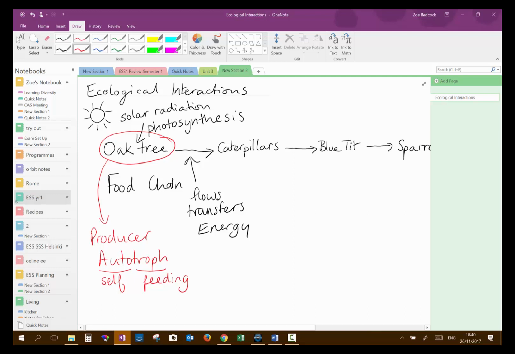Now what do we know about photosynthesis? I have a greener colour now. We know that photosynthesis requires carbon dioxide plus water, and then that solar radiation helps convert those molecules into glucose, and I'm going to use the chemical formula for glucose.